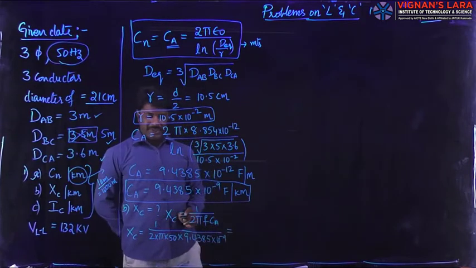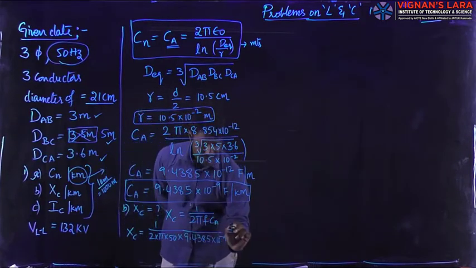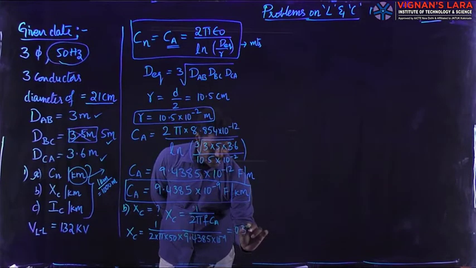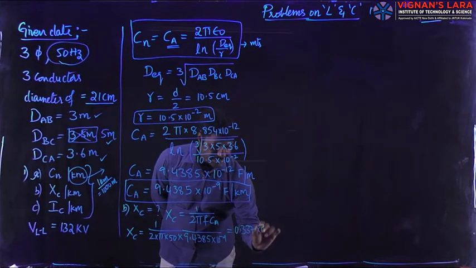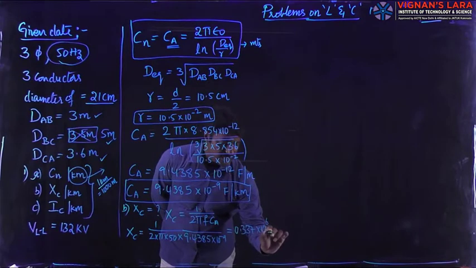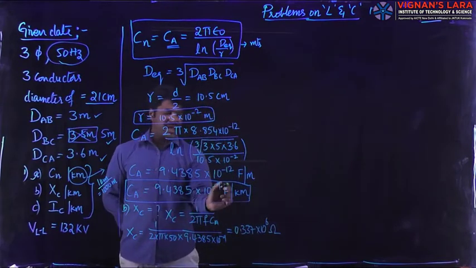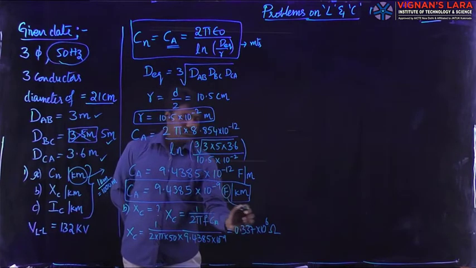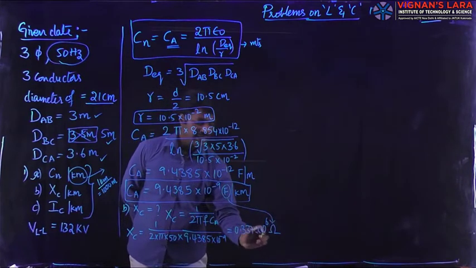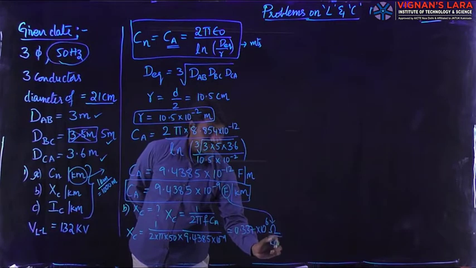Substituting in the calculator, we get the magnitude as 0.337 into 10 power 6, and the unit is ohms. So the capacitance in farads was converted into ohmic value for a length of 1 kilometer.